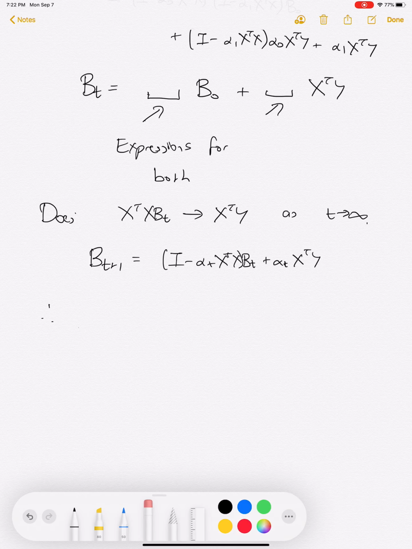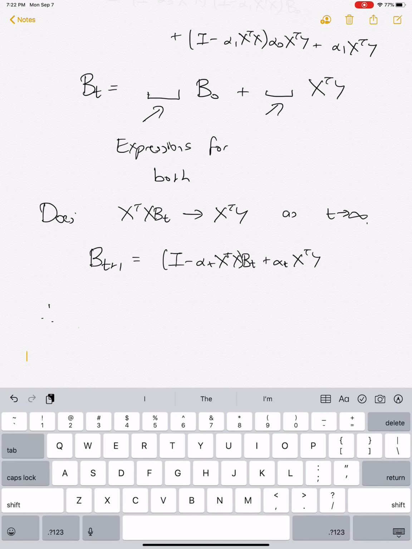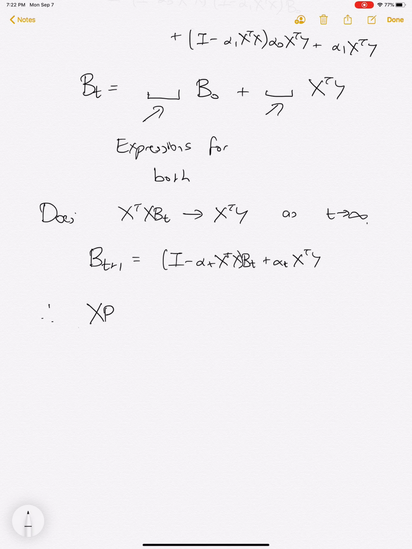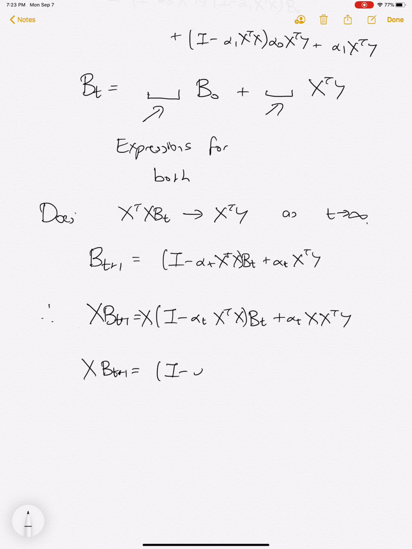It's because the function that we're interested in is really XB. We can write this out, and this makes our expression a lot nicer, because now we can write this out as follows.